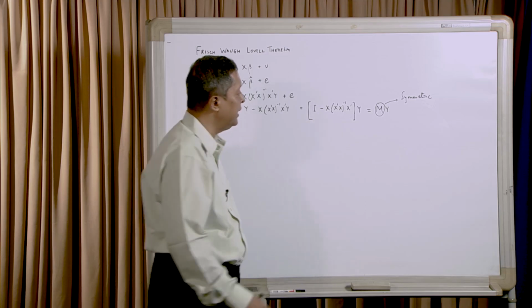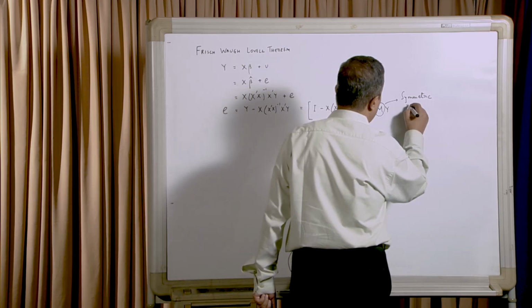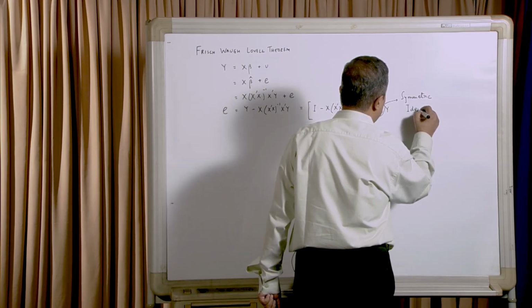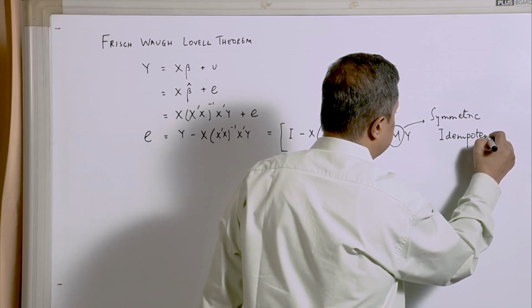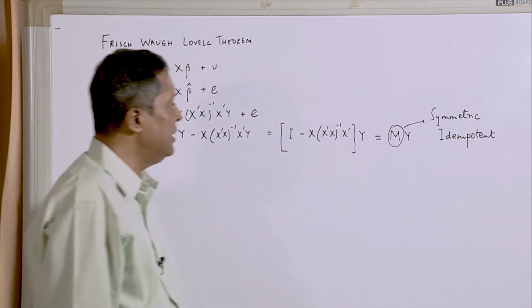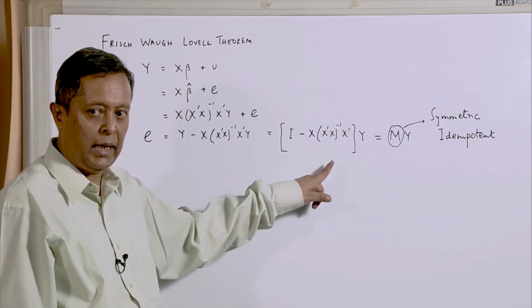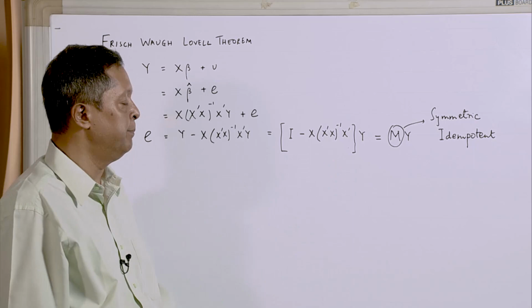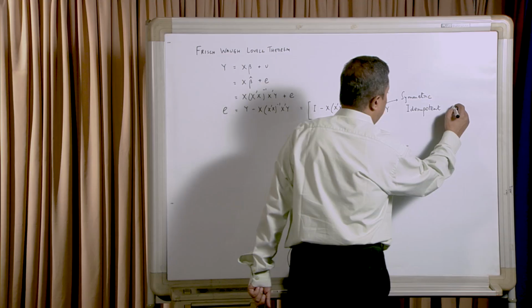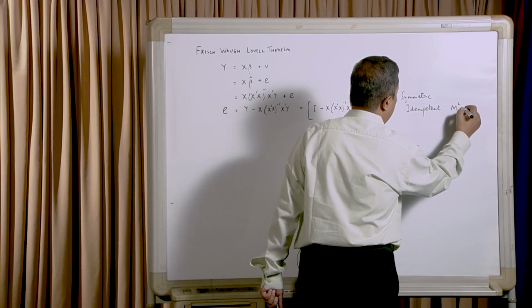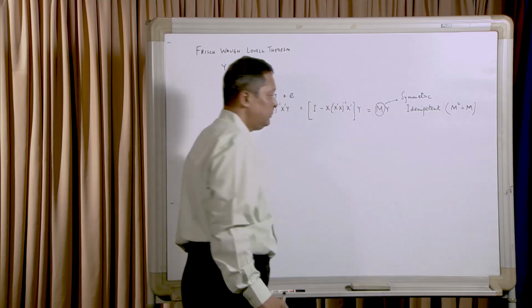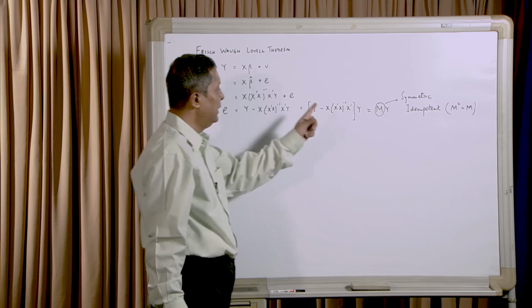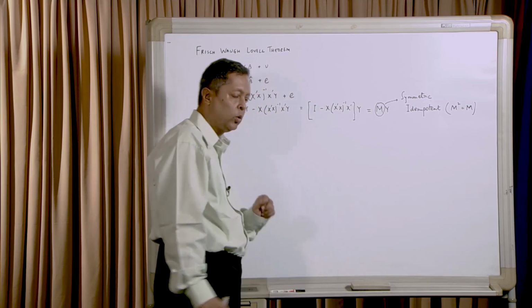So, it is symmetric and it is also an idempotent matrix. That means, if you multiply this by itself, M into M gives M again, that is M square is equal to M. Further, two more important properties of the residue creating matrix are as follows.